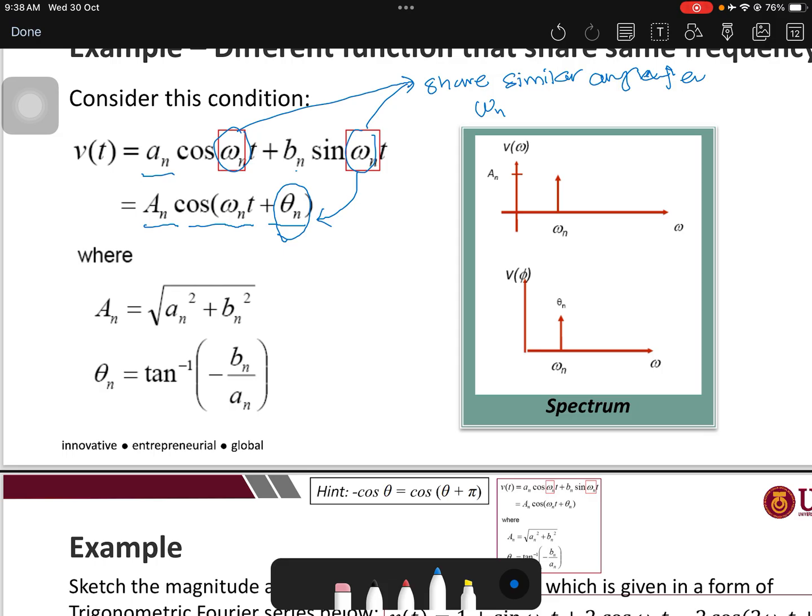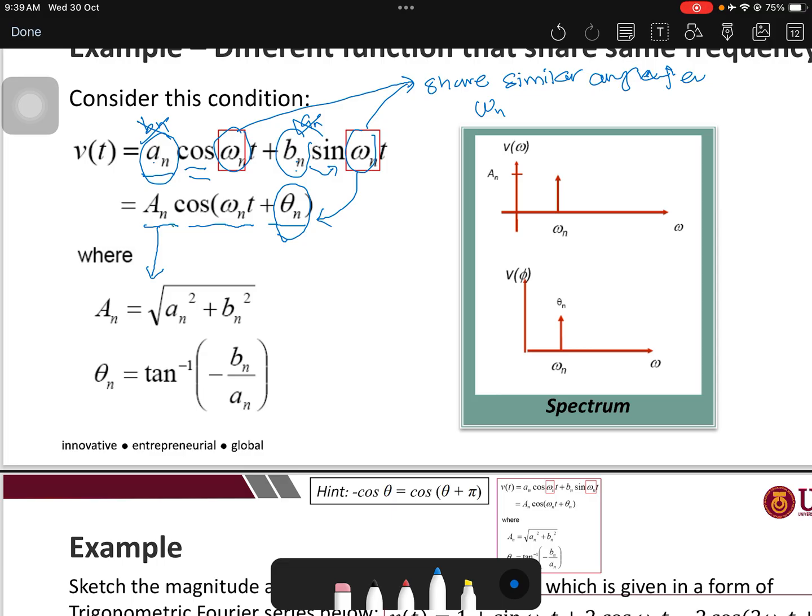So how to calculate An? You need to make sure that your an belongs to the cos and your bn belongs to the sine. Don't get confused. You cannot put the sine as an, and you cannot put bn for the cosine, it is wrong. You need to follow this formula: an belongs to the cos and bn belongs to the sine.